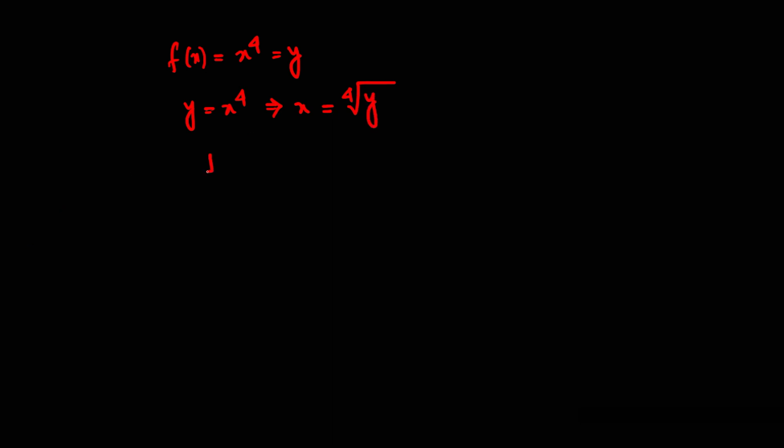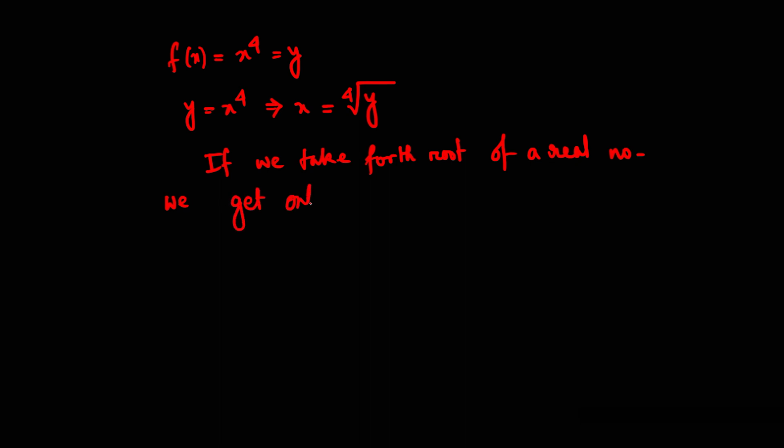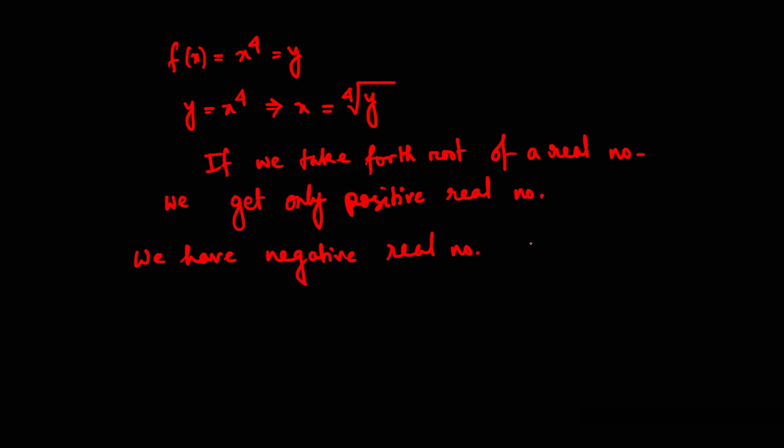If we take the fourth root of a real number, we get only positive real numbers. So we have negative real numbers, that is from minus infinity to 0.